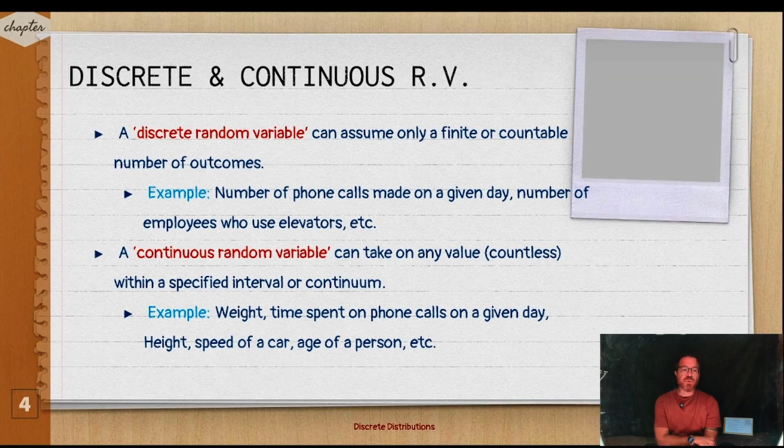So a discrete random variable can assume only a finite or countable number of outcomes. Especially when we're doing counting type numbers, these would be things that, of course, you can count, right? If we're counting the number of cars in a garage or the number of students in a class, these numbers will be finite. But discrete numbers can also be what are called countably infinite. This means that they still have the gaps and there's a consistent method by which they grow.